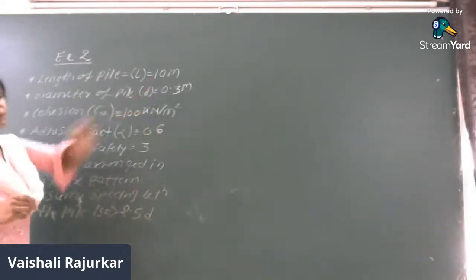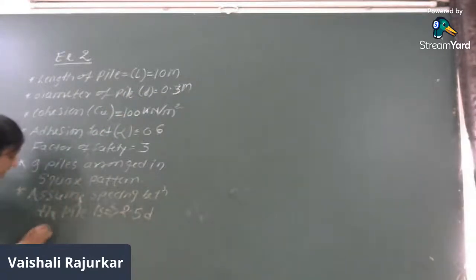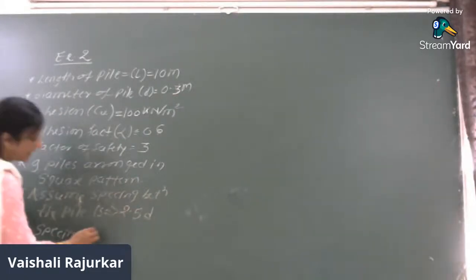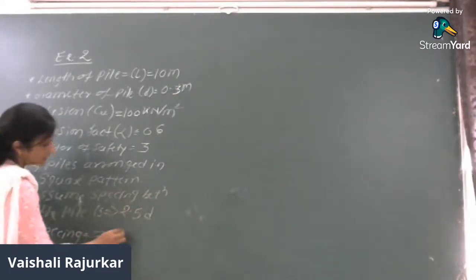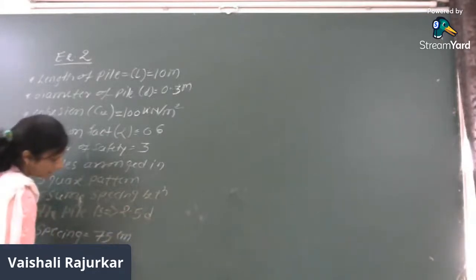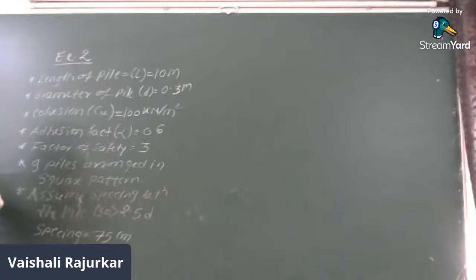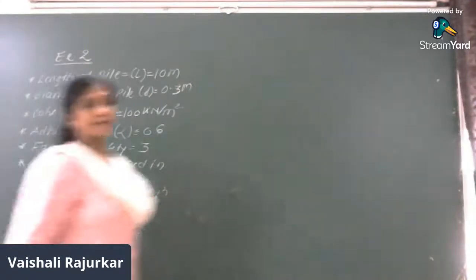D is given as 0.3. So spacing is 75 centimeter or 0.75 meters. So this is the assumed spacing.